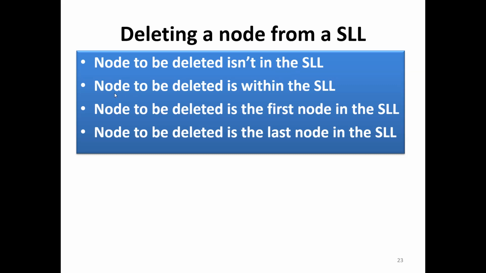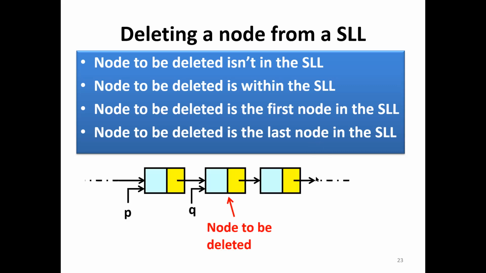Another condition is when that node is between or within the singly linked list. Another condition is when the node that we want to delete is the first node in the list. And the last condition is when it is the last node in the list. Let's now have a look. For instance, we want to delete this node Q.